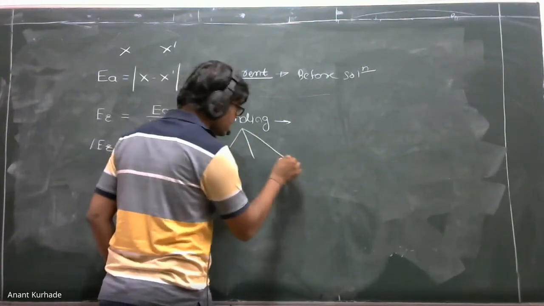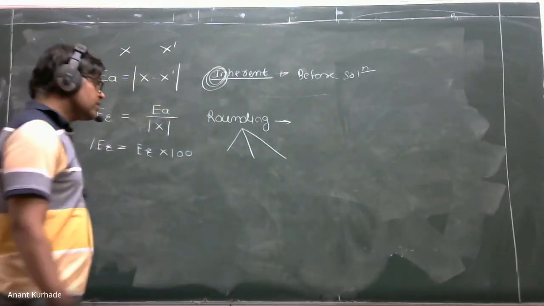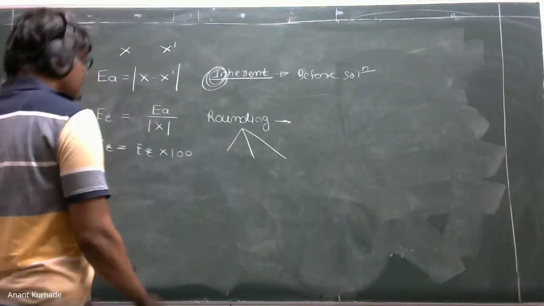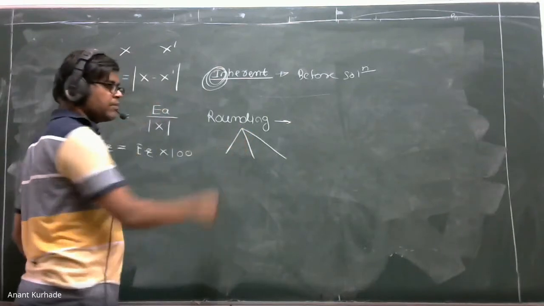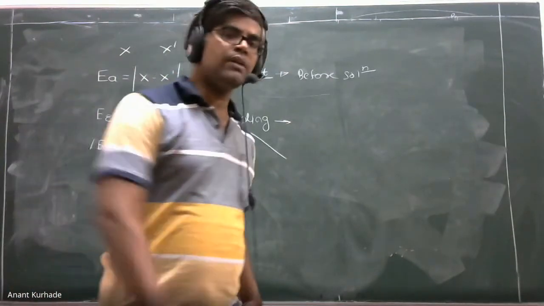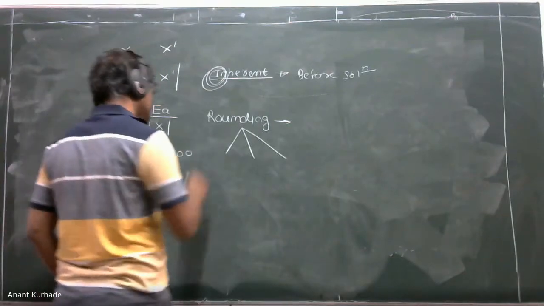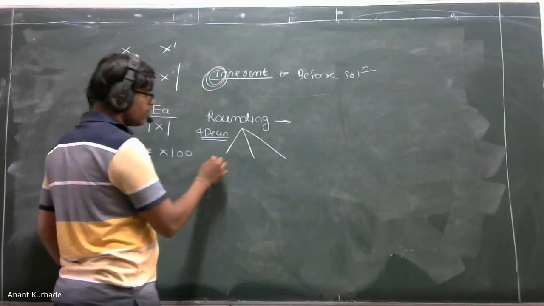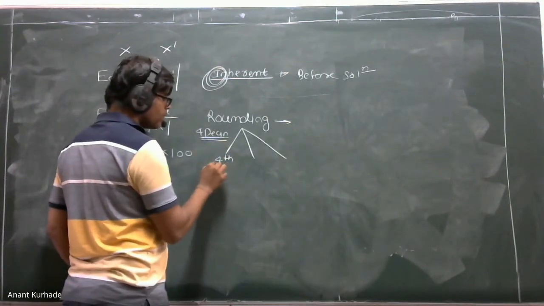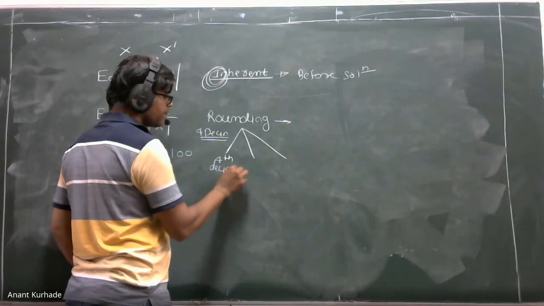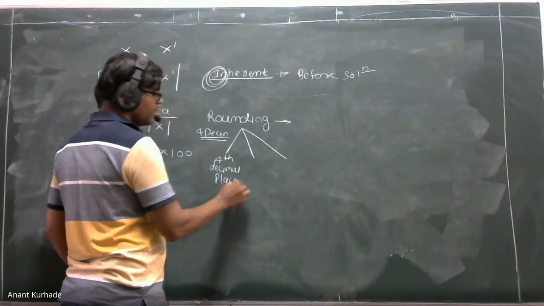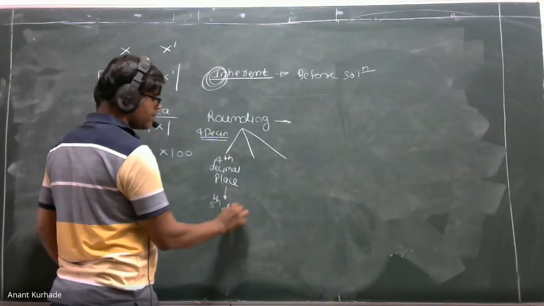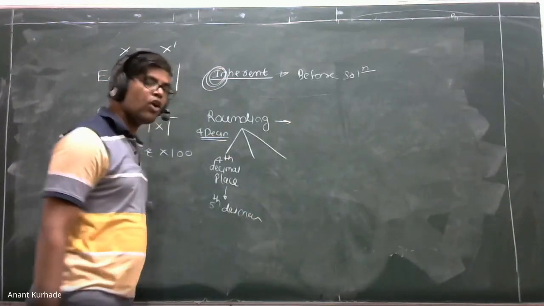Okay, you have to write these three rules in the exam. If you have a question, round off this number up to four decimal places, then you have to check the next decimal place number, that is the fifth decimal place number, whether it is odd or even.